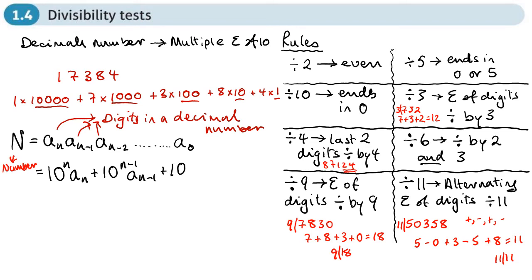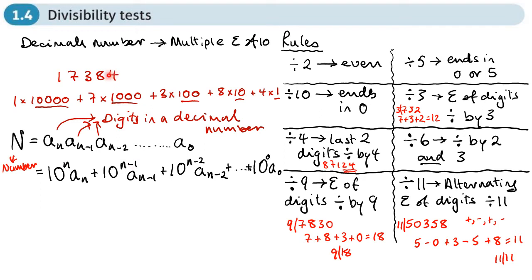The power of 10 is equivalent to the position of that digit. So I go all the way to the end. We'll do 10 to the power 0 times a0. So the position of each of these digits in this number is also the same as the power.